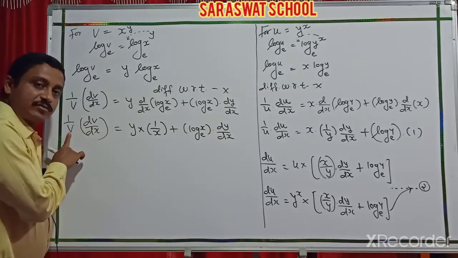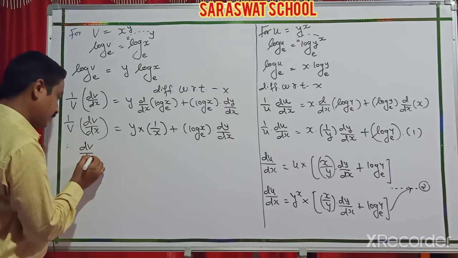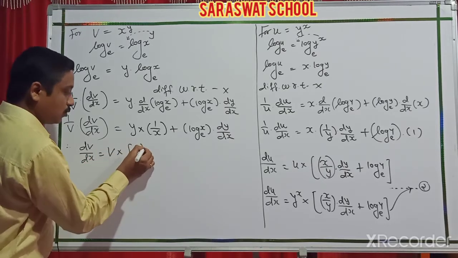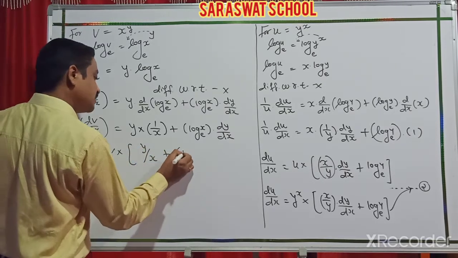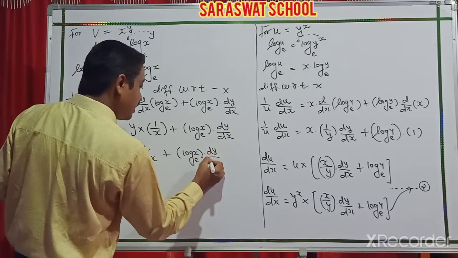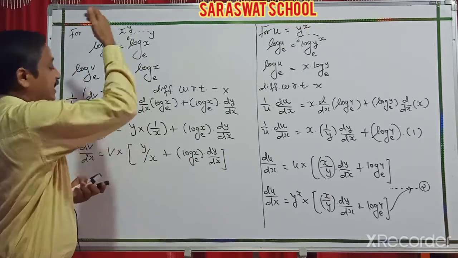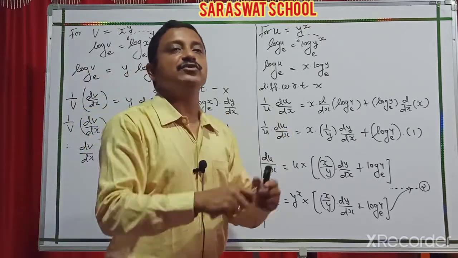Now this v, multiply upper side, you get dv by dx, v into y by x plus log x base e into dy by dx. Now finally this v you already know is x raised to y, so the value is applied.